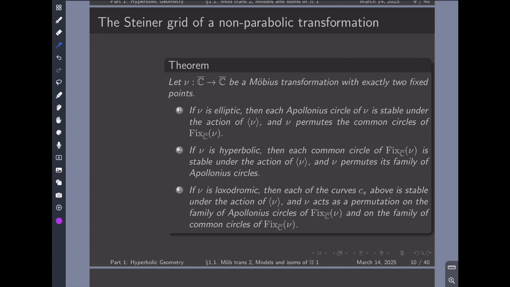So if you take a circle centered at the origin, its image is not itself, it's another circle centered at the origin, because it's rotated and then a homothety. So the family of Apollonius circles is permuted, and the family of common circles as well, because the image of a straight line is another straight line.